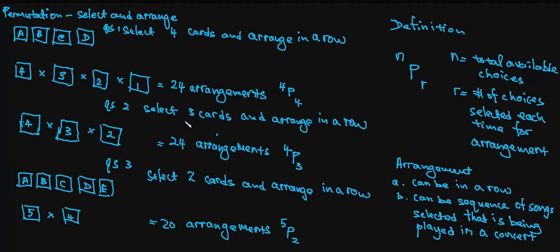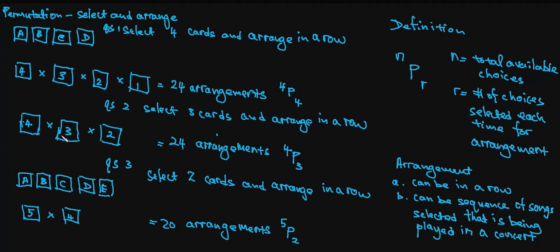Now, let's look at the second case. Question 2. Instead of 4 cards, you select 3 cards and arrange them in a row, whatever you selected. For the first empty slot on the left, you have 4 cards to choose from: 1, 2, 3, 4.